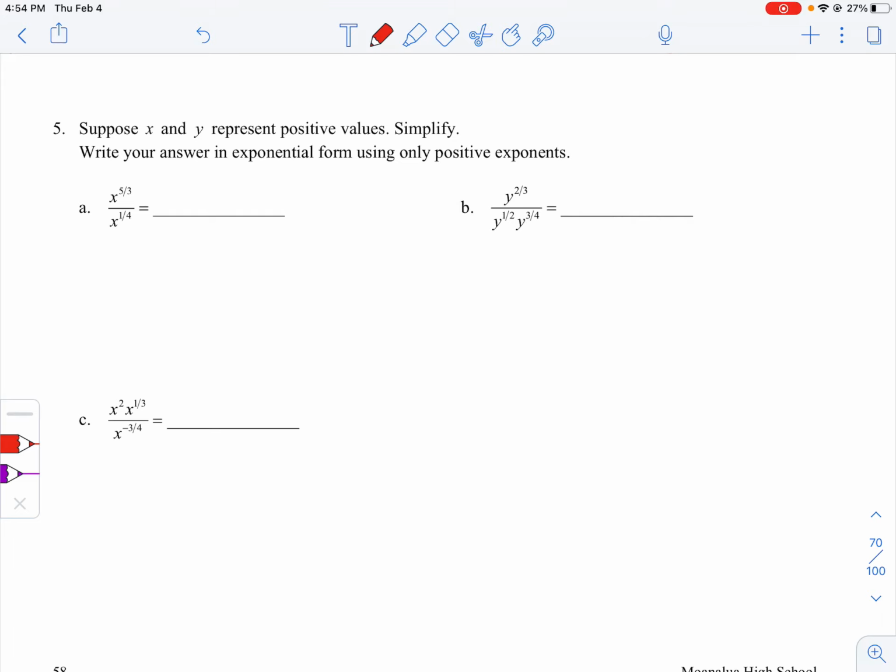So, because this one is dividing x by x, we are going to subtract the exponents. So let's do that. We have x to the power of 5 over 3 minus 1 over 4.